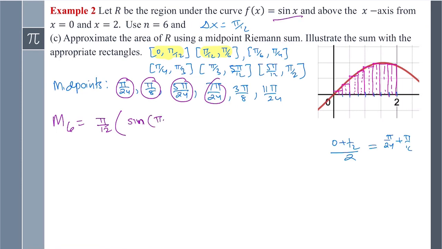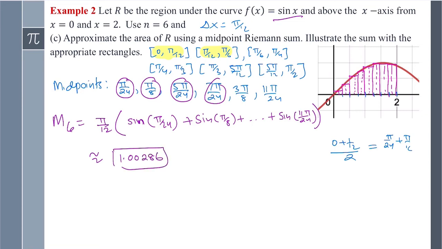So sine pi over 24 plus sine pi over 8 plus all of these. I'm just going to write it that way. Then put everything into the calculator and we get 1.00286.